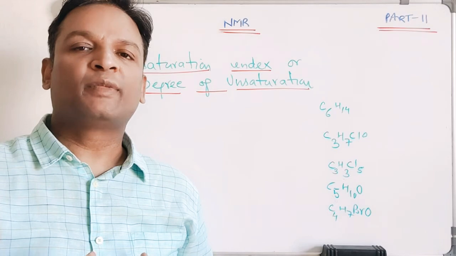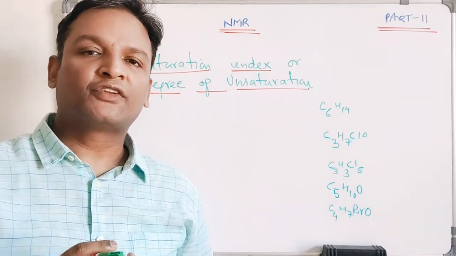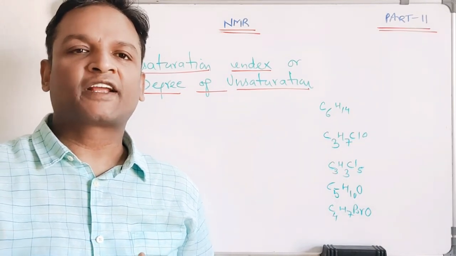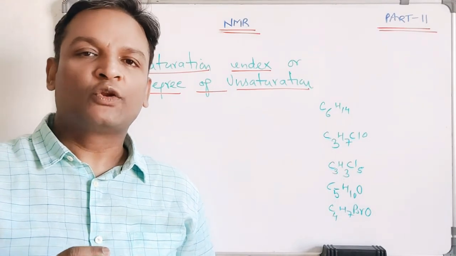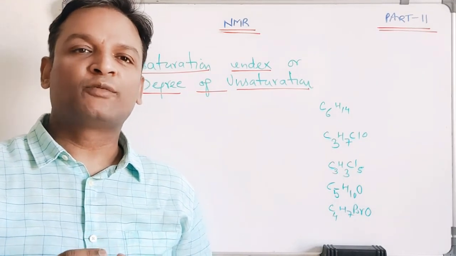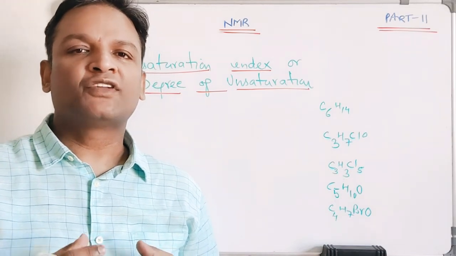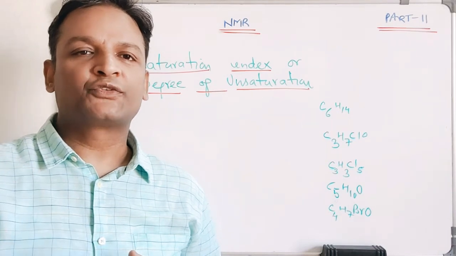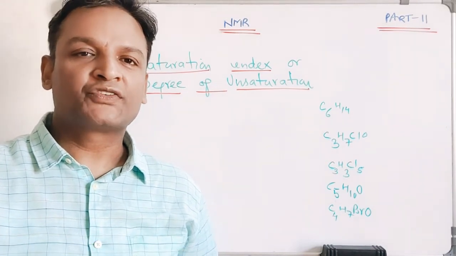If I have benzene, it contains 3 double bonds and 1 ring, so the degree of unsaturation is 4. For a cyclic compound like cyclohexane, the degree of unsaturation is 1. So just by looking at the molecular formula, you can determine the degree of unsaturation. Before going to structural elucidation through NMR spectroscopy, let's see how it is determined.